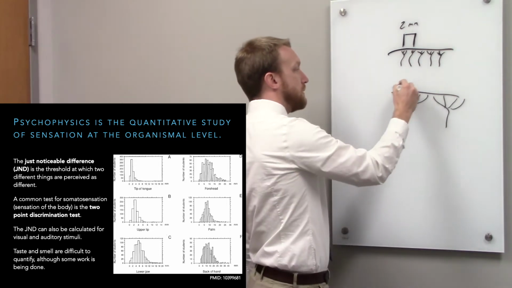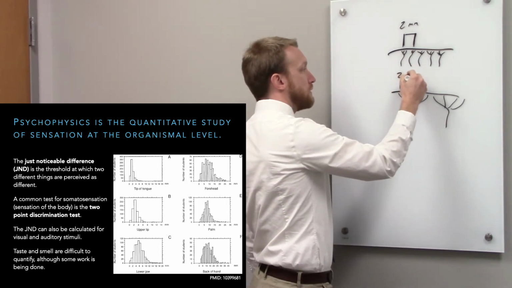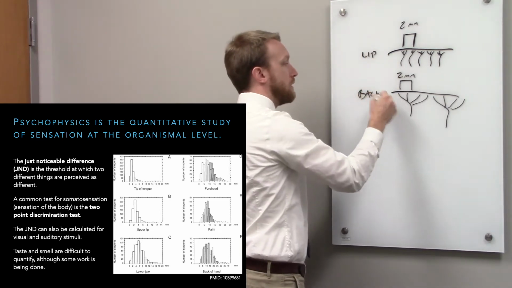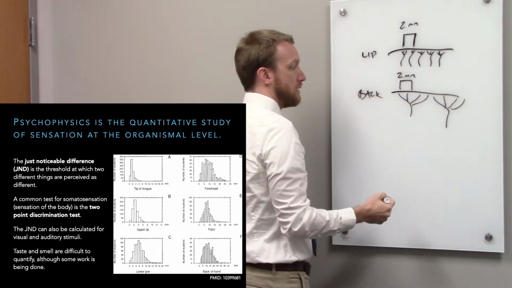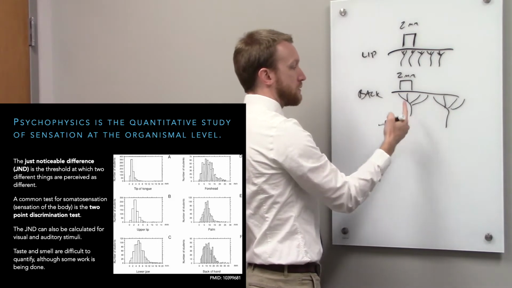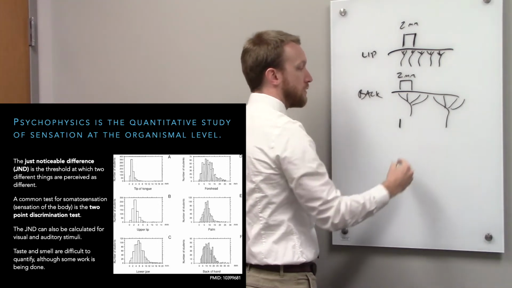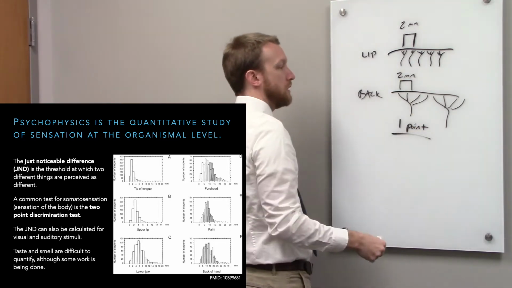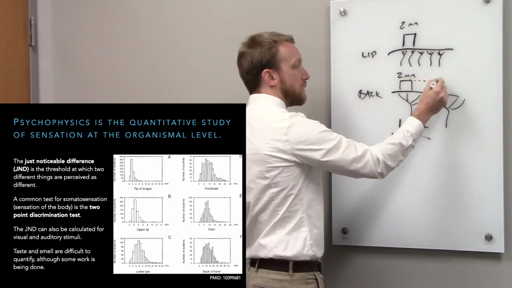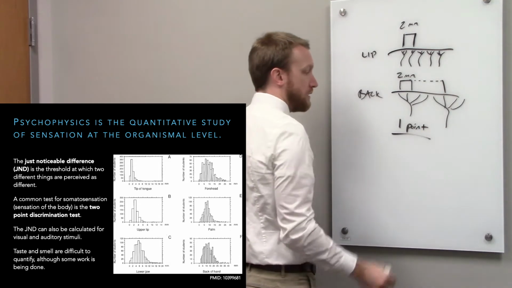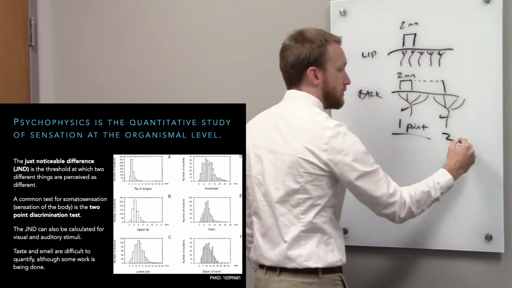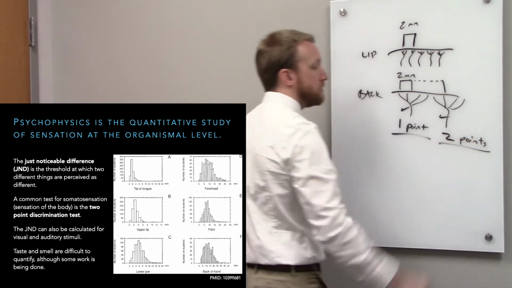But if we do that same 2 millimeter test here, let's say we're comparing the lip to the back, we're hitting the same sensory afferent. So we're only stimulating 1 neuron, and therefore it's going to be perceived as 1 point, even though there's 2 of them. We have to spread these calipers out until we actually hit the second nerve fiber, and only then can we perceive it as 2 points.